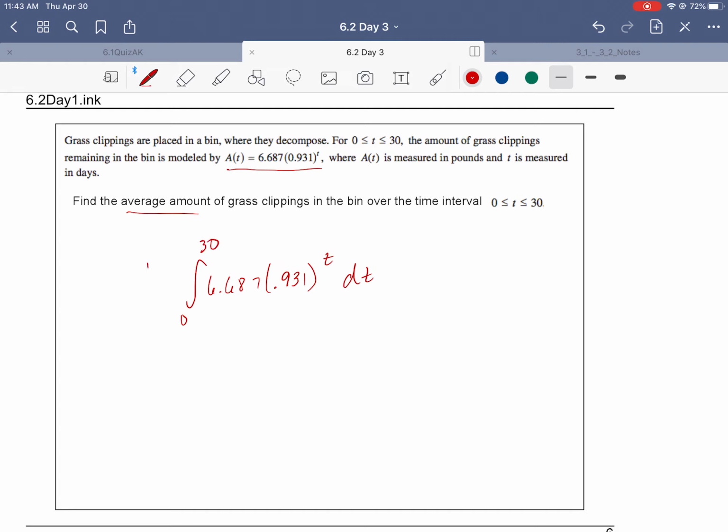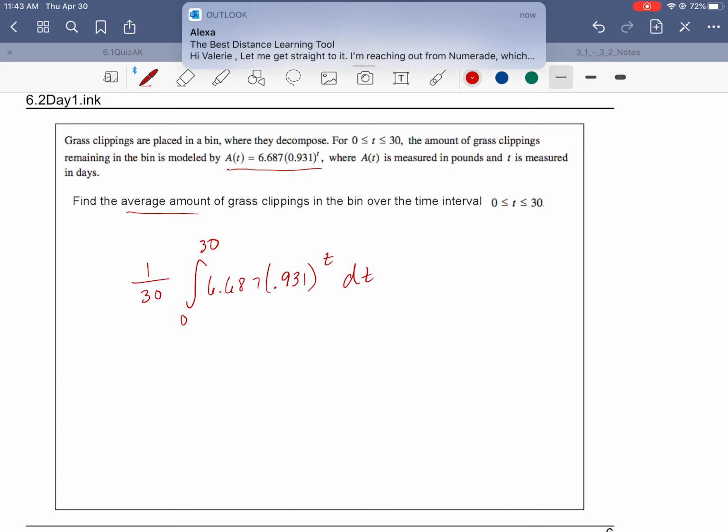We know the interval. And we put the 1 over b minus a in. Right. So the A of t equation represents the amount of grass clippings in the bin on a certain day. We want to find that average amount.